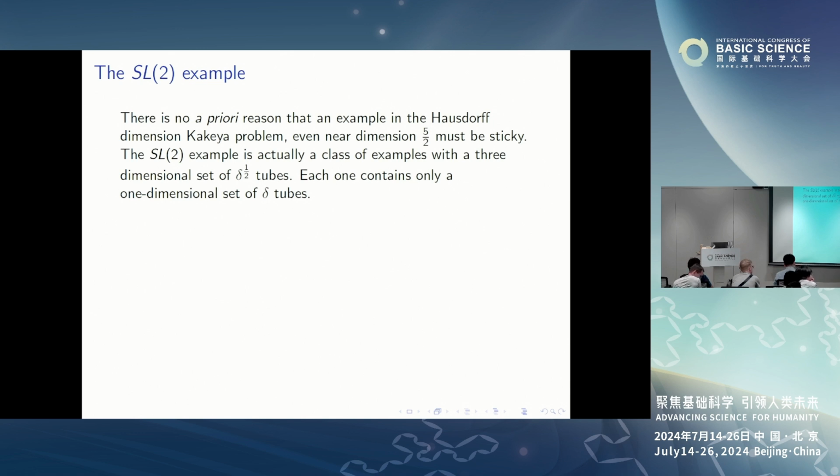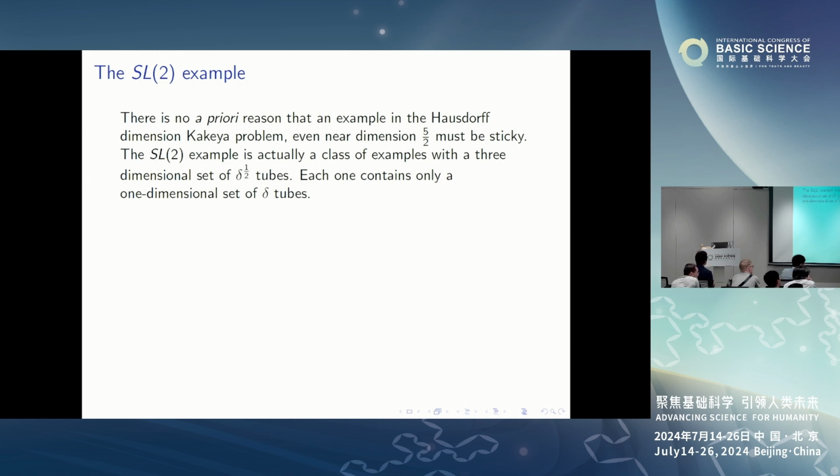But if you are in R3 and you have 4 lines in general position, there are exactly 2 lines that intersect all 4. That's a terrible picture of it, but that's a famous fact from enumerative geometry.